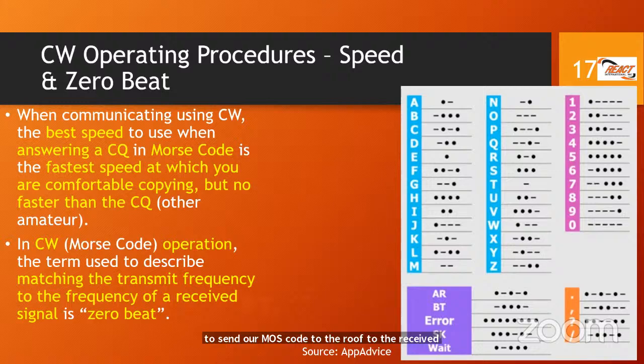When we do that using the dials on the radio, that is called zero beating or zero beat. So that's an exam question. In CW or Morse code operation, the term used to describe matching the transmit frequency to the frequency of a received signal is zero beat. So you're hearing that Morse code operator transmitting on a particular frequency, you're receiving it, and what you do is you tune or match your transmit frequency to that frequency, and that's called zero beat.